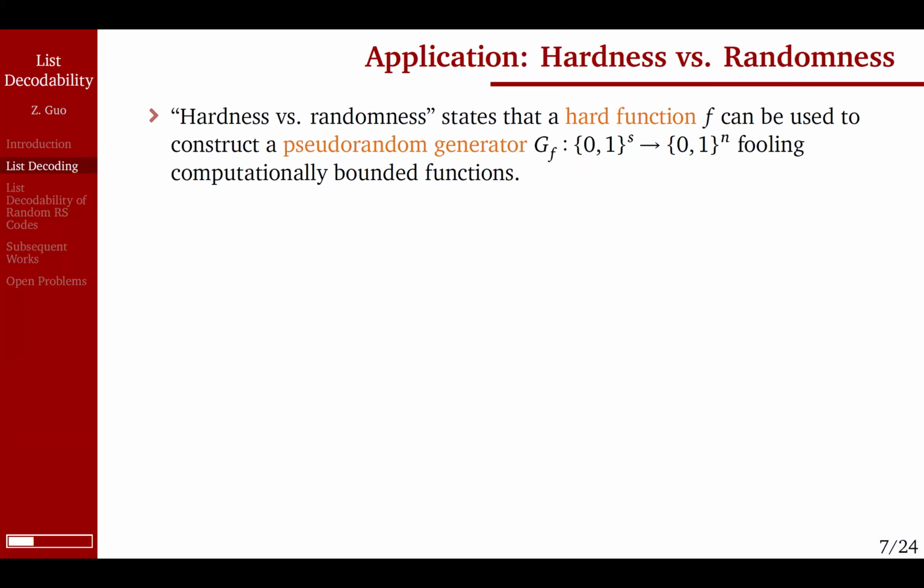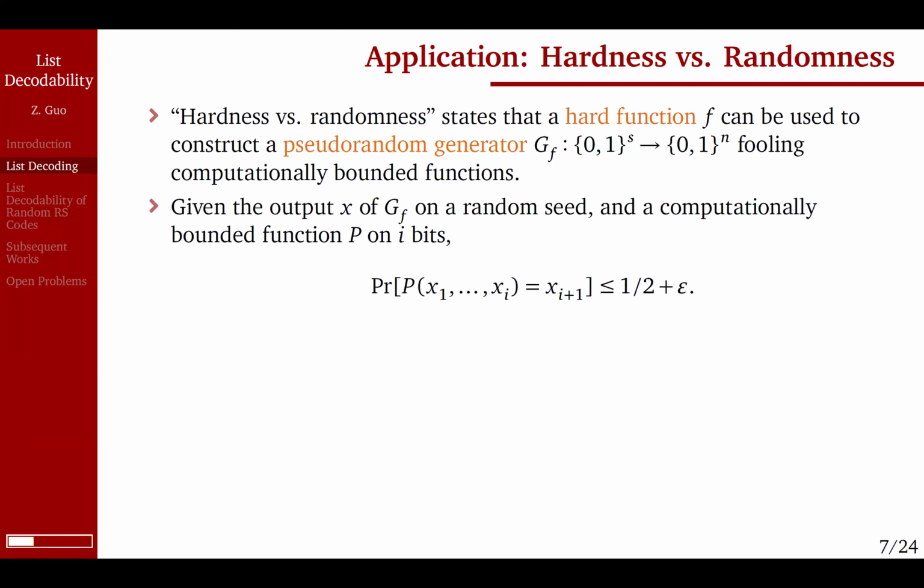Now this is not easy to construct unconditionally, but hardness versus randomness says that if we know a function f is hard against a certain class of functions, we can use that to build this object, so that the output from a random seed would look like a random string.